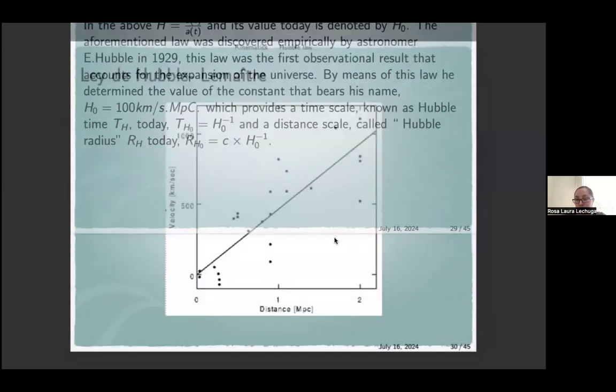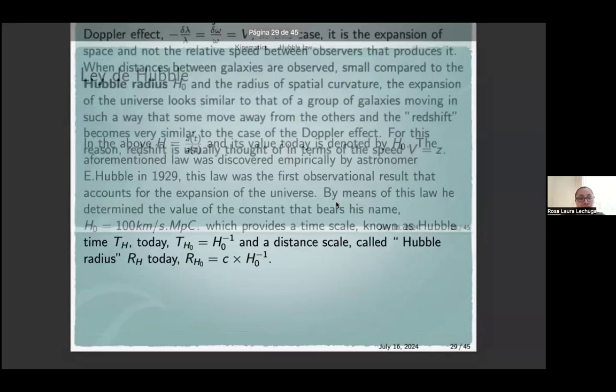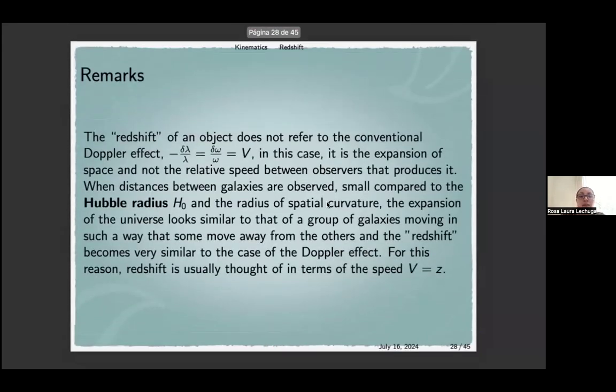So I'm back to the previous discussion. As you can read, to compare the redshift between galaxies and distinguish between the cosmological redshift and the redshift of the velocities, we can use the Hubble radius.